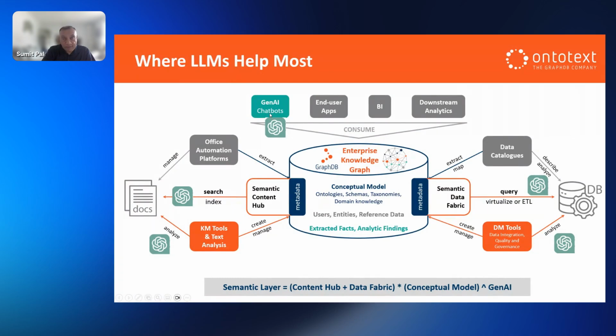Can I develop chatbots with enterprise knowledge graphs for my specific domain, where you can quickly do natural language query that gets translated into a knowledge graph query or a graph query to bring back the results to you based on your knowledge graph, based on your domain knowledge.